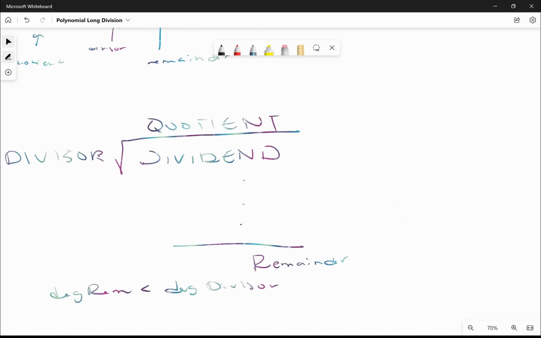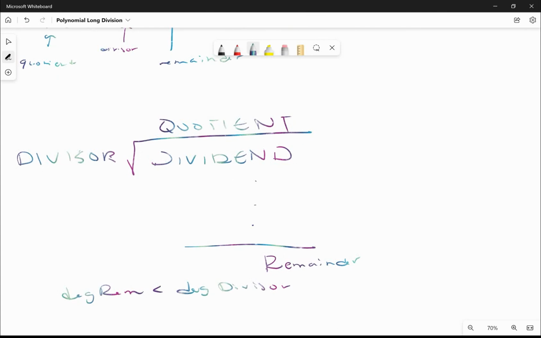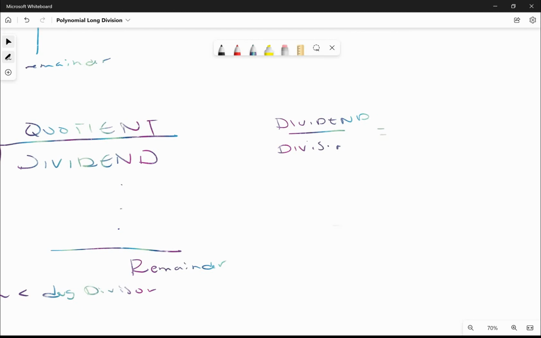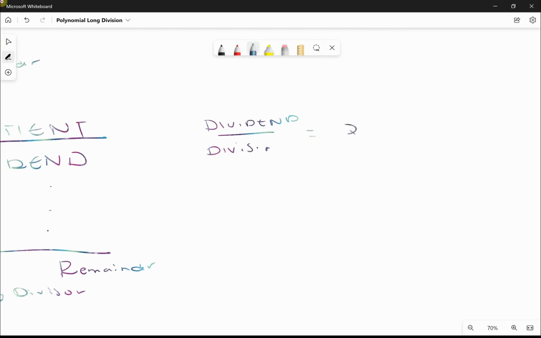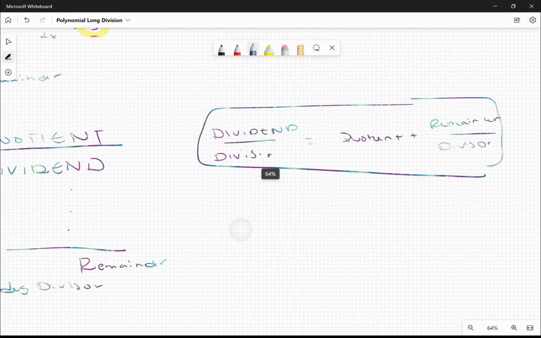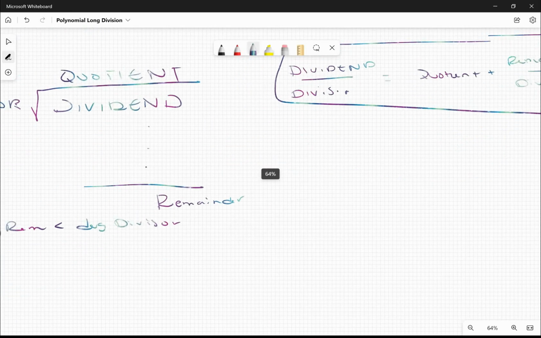And then you have that this dividend over divisor is equal to the quotient plus the remainder over divisor. I'm not sure why I decided to capitalize some of those words and not others, but that's what we have, right? So it's just kind of generally, right?